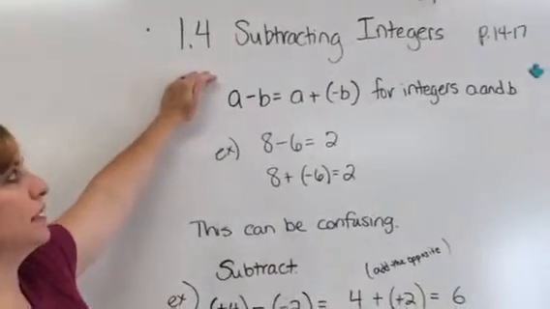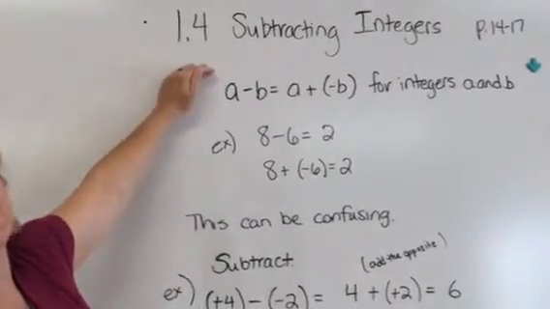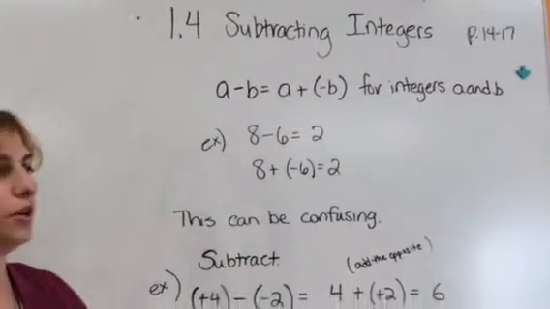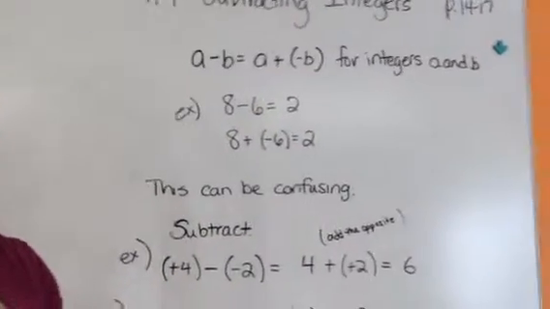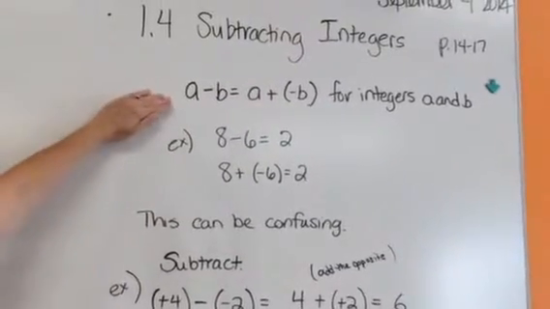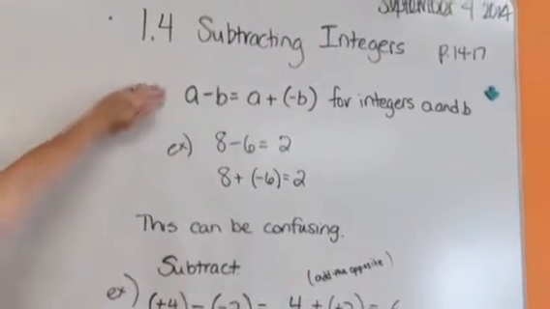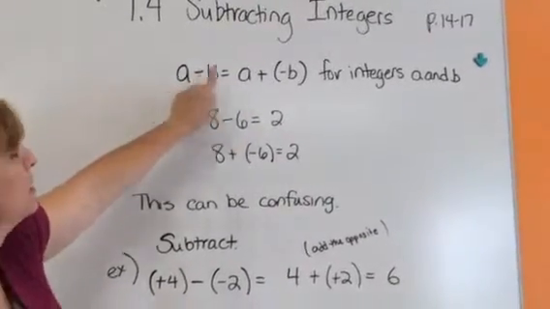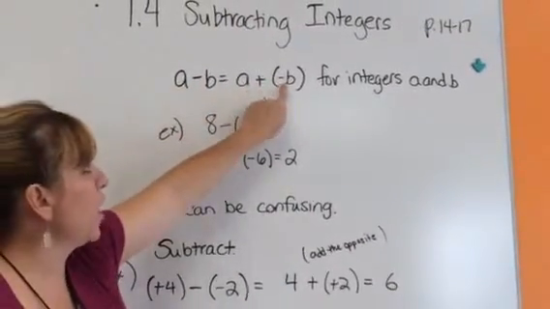So subtracting integers, we're doing this on pages 14 to 17. Now we just did the adding integers, and you know in Algebra 1 we're going to go a lot quicker than we did last year. So what this says is when you subtract integers, the subtraction actually means to add the opposite.